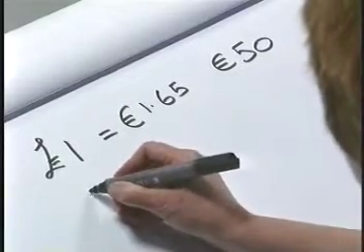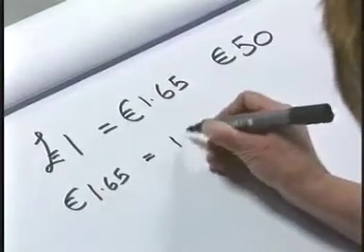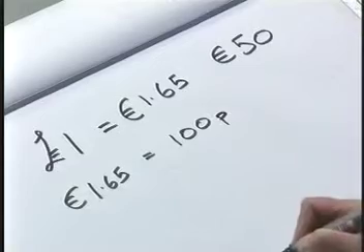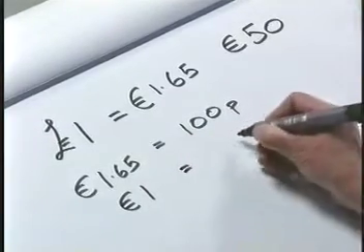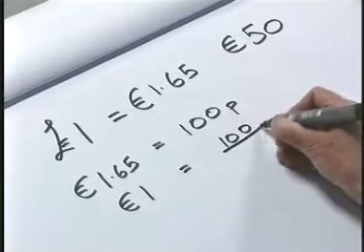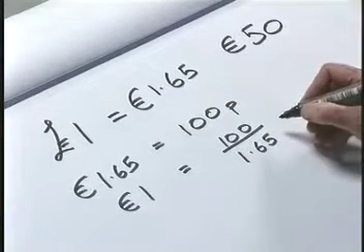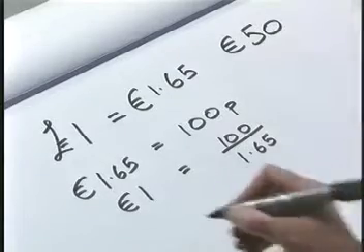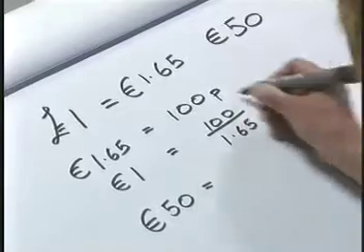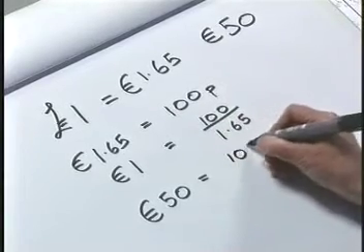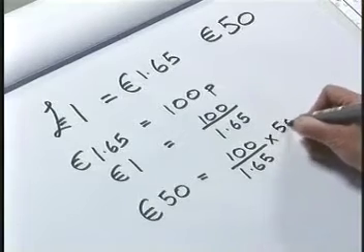So I start with 1.65 euros equals 100 pence. €1 would then equal the 100 divided by the 1.65. And then to work out what the 50 euros would be, I multiply this by 50. That's 100 over 1.65 multiplied by 50.